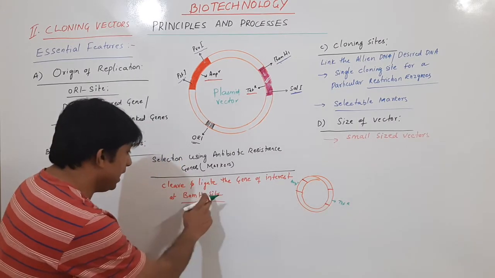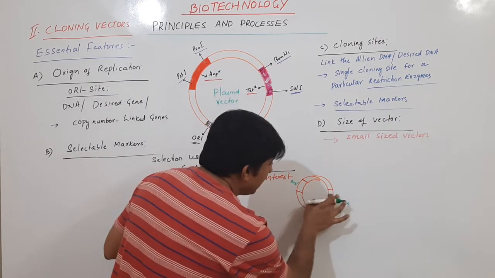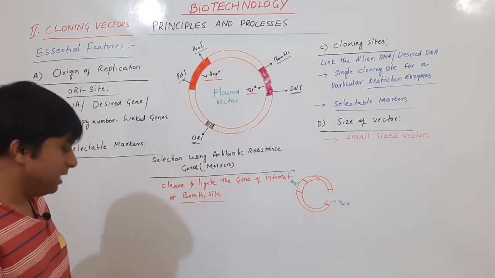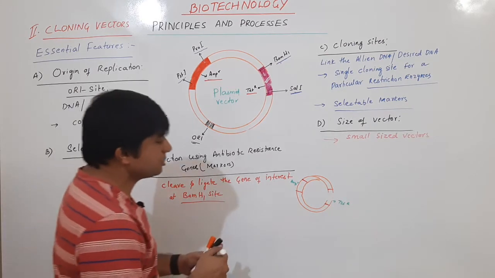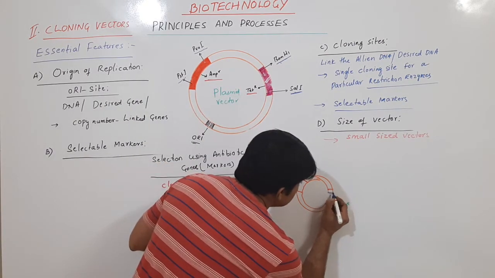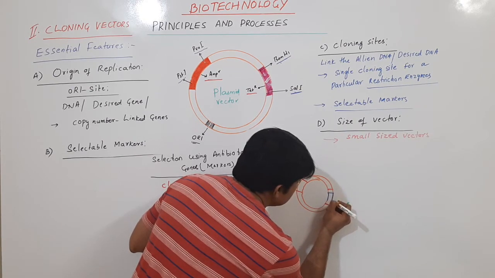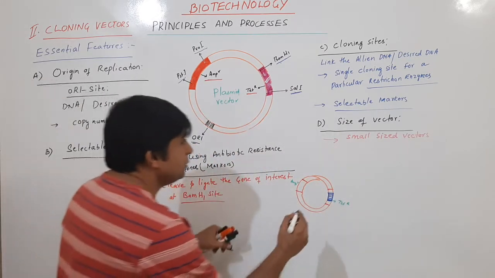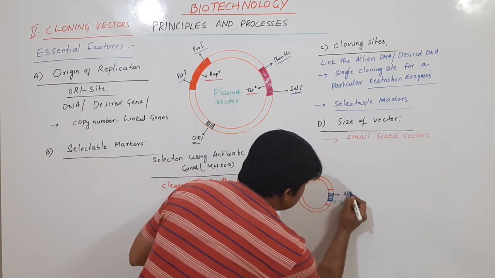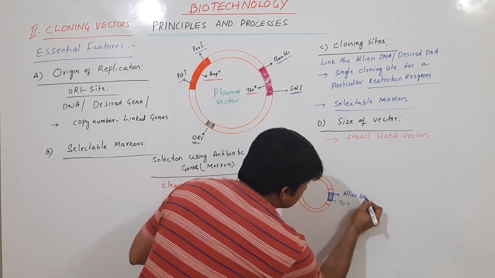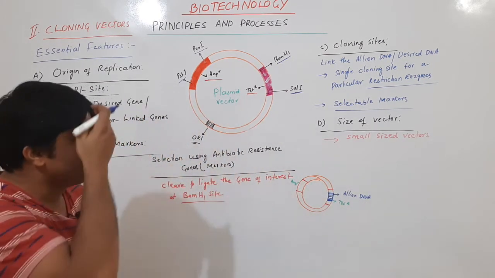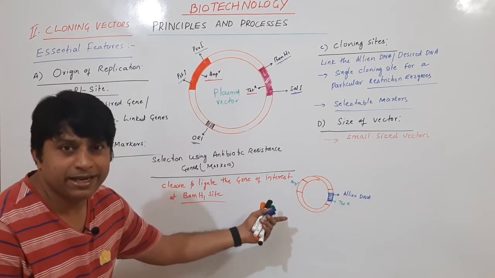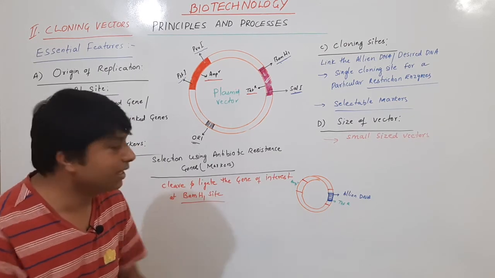For example, at the BamHI site, if I cleave and add my gene of interest, this is my gene of interest, or this is called alien DNA, or I can call it the desired gene, alien DNA, or my passenger DNA.